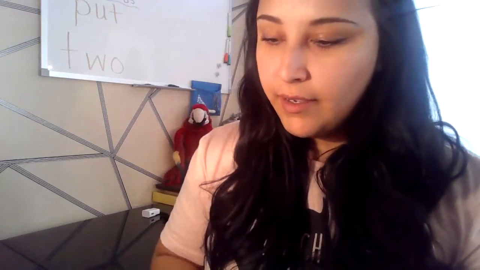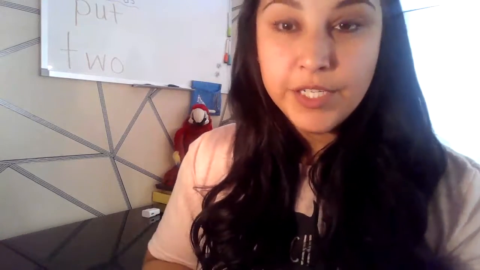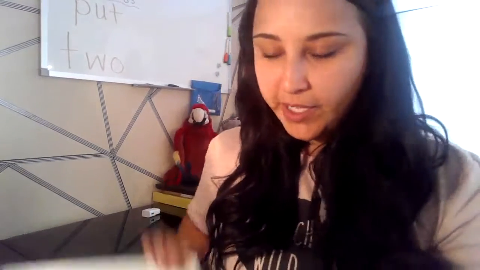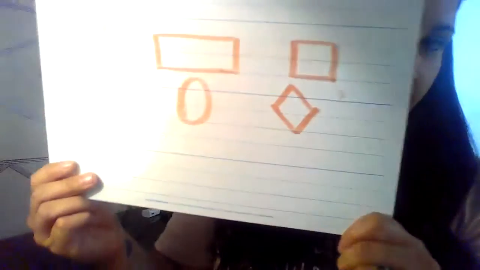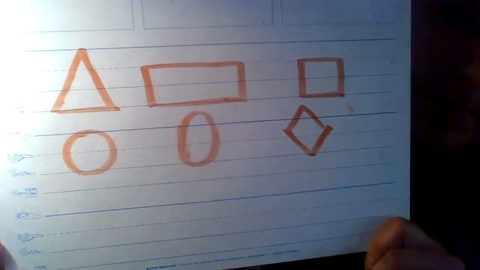Next week we're going to go over the pentagon, hexagon, octagon, and we'll go over some more 2D shapes. That way we can go over 3D shapes later. But for now, again, this is your challenge to make a drawing using all 6 shapes, and also to see how many you can find around your house.